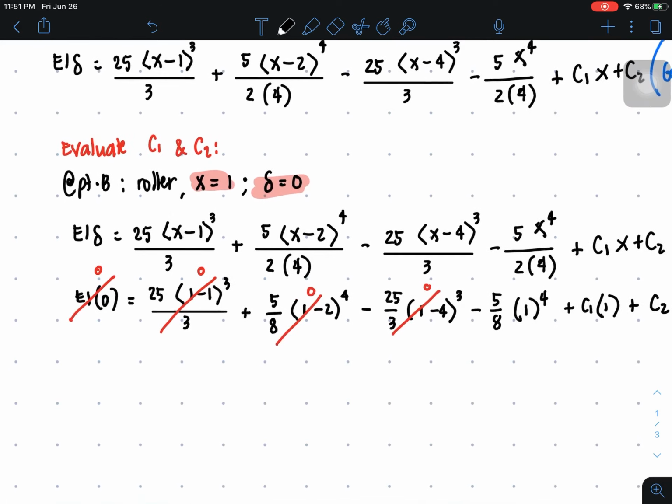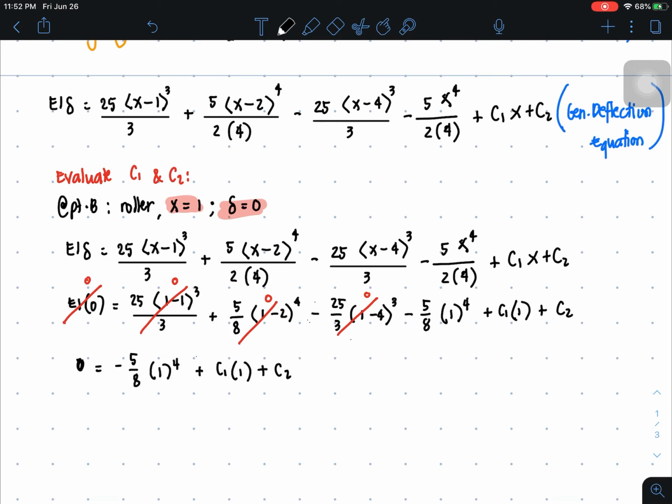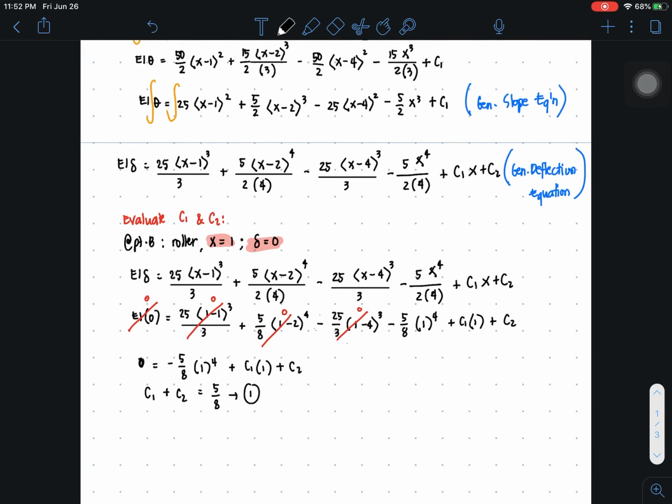Atong i-simplify, we're having 0 equal to negative 5 over 8 times 1 to the 4th power, then plus c1 times 1 plus c2. Or, transposing this to the other side, may mo siyang c1 times 1, or just c1 plus c2 equal to positive 5 over 8. This is our equation number 1.